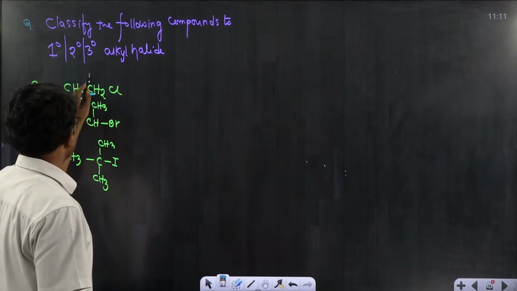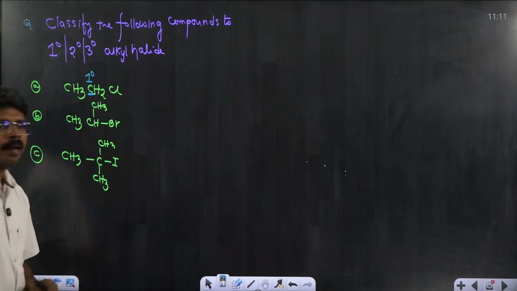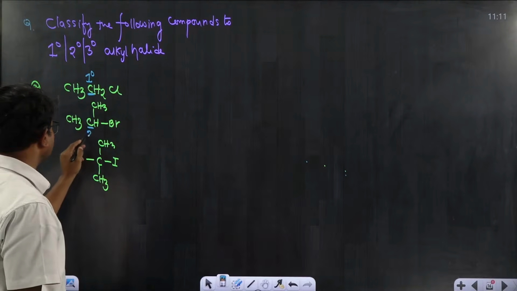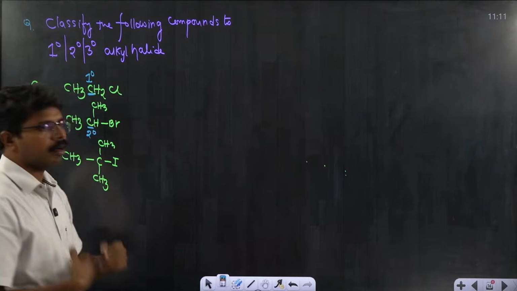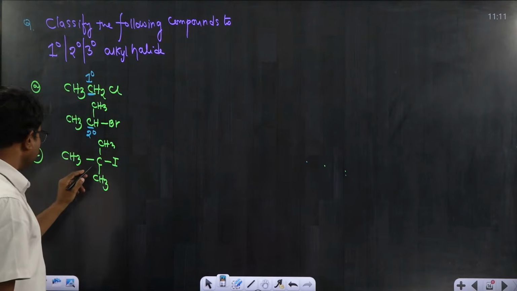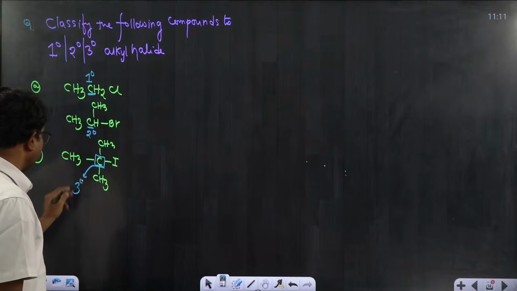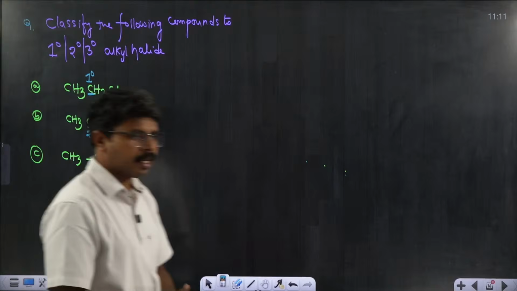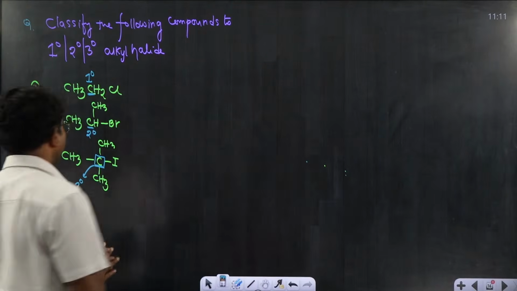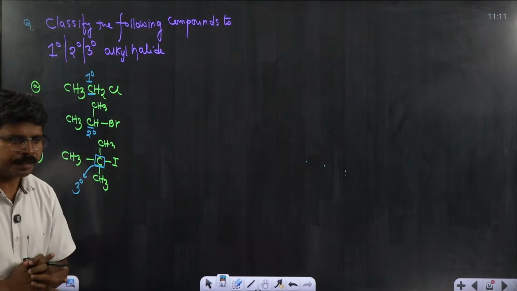Since this carbon is a primary carbon, the corresponding alkyl halide is a primary alkyl halide. Since this carbon is a secondary carbon, the corresponding alkyl halide is a secondary alkyl halide. In the third example, this carbon is a tertiary carbon, hence the corresponding alkyl halide is a tertiary alkyl halide. I hope you are able to classify the compounds into primary, secondary and tertiary.